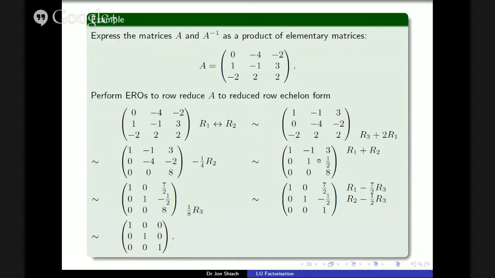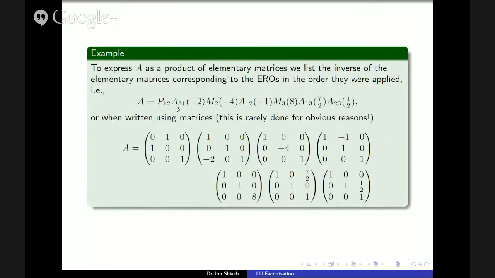The second thing I did was add 2 lots of row 1 to row 3. So if I invert that and subtract 2 lots of row 1 from row 3, I get A31 minus 2. If I keep going, these are all the inverses of those row operations. If I multiply them all together, that gives me A.